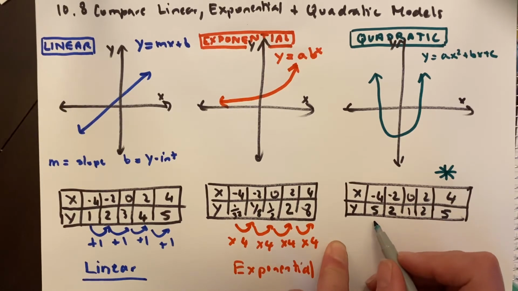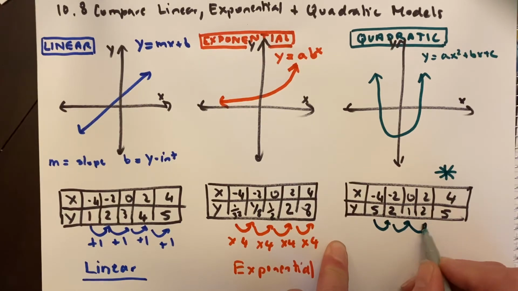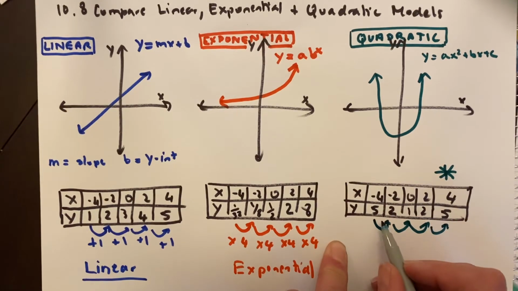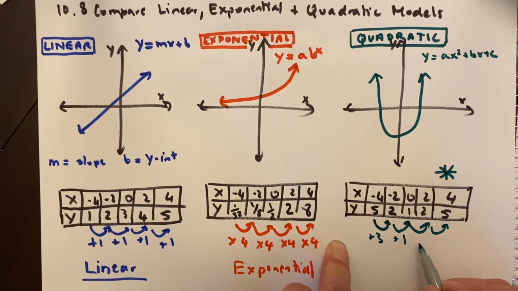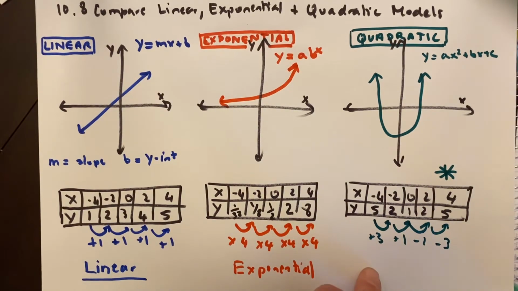So if you look from 5 to 2, and 2 to 1, and 1 to 2, and 2 to 5, you're going to get a difference of 3, right? And then a difference of 1, and then here a difference of -1, and a difference of -3. This is called the first difference.